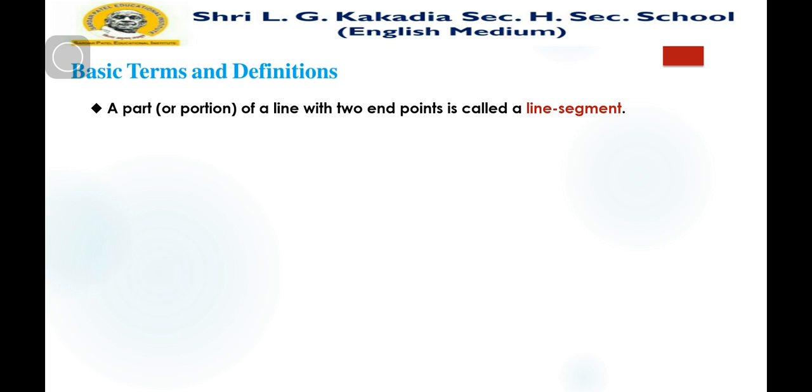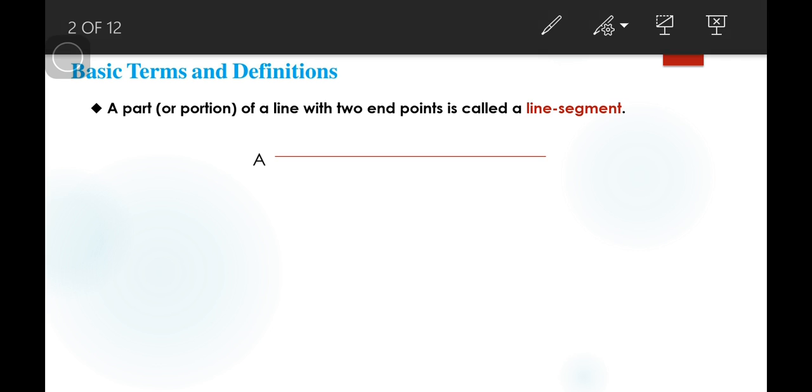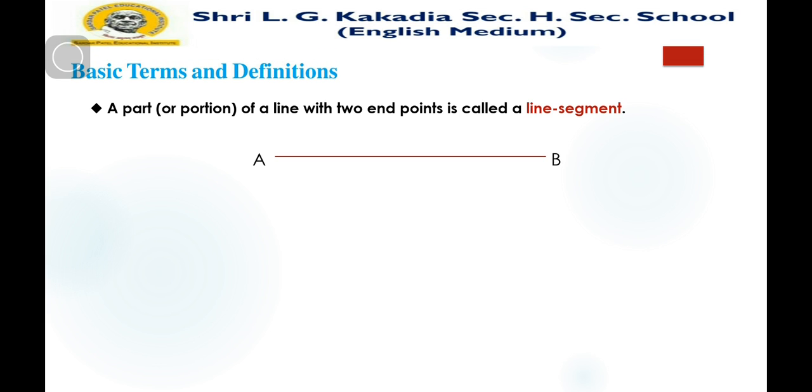This part is known as a line segment. As you can see, such a line with two endpoints A and B, this part of the line with two endpoints is known as a line segment.